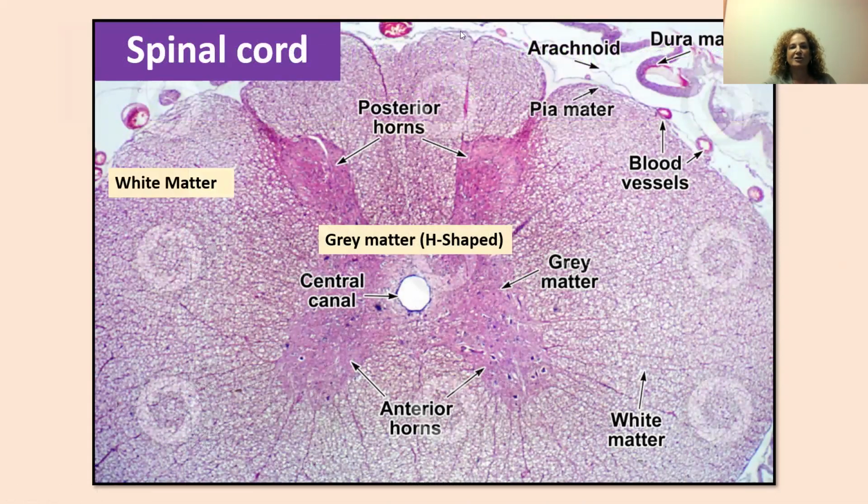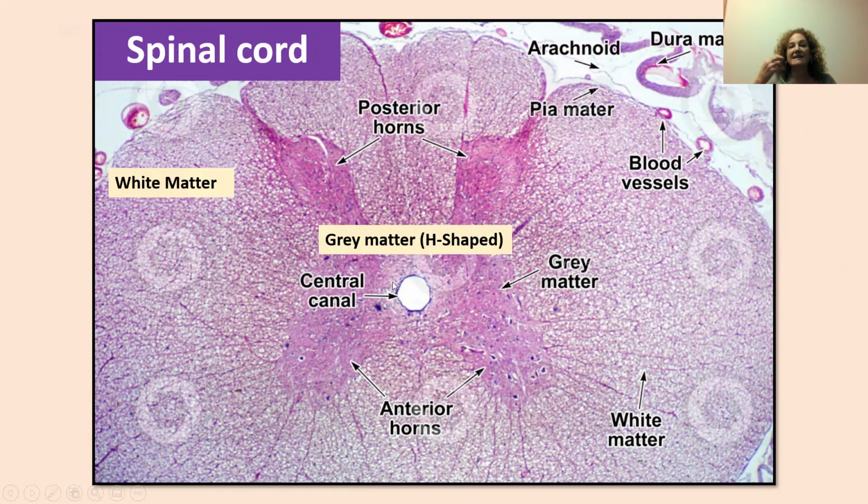Okay, so again, here's your spinal cord under the microscope. You see beautifully the gray area or the gray matter here in the center. It has an H type of shape. You would have the dorsal root or the dorsal horn over here, the ventral horn over here, the lateral horn over here. You would see in the center, the central canal.